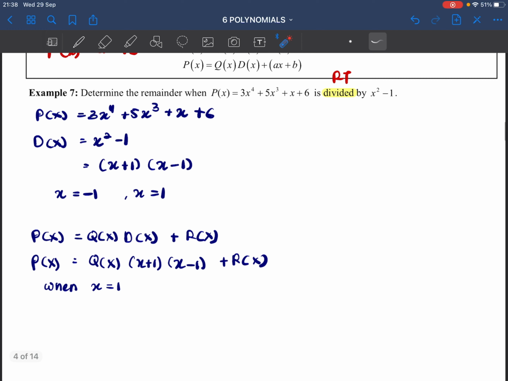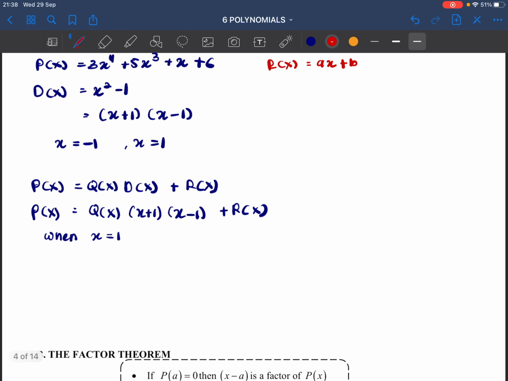But remember that our divisor is a quadratic, so you know that your R(x) should be linear, ax plus b. Okay, boleh faham ke? So now we know that our R(x) is supposed to be ax plus b, so we are going to change this into ax plus b, and all of this will be 0.